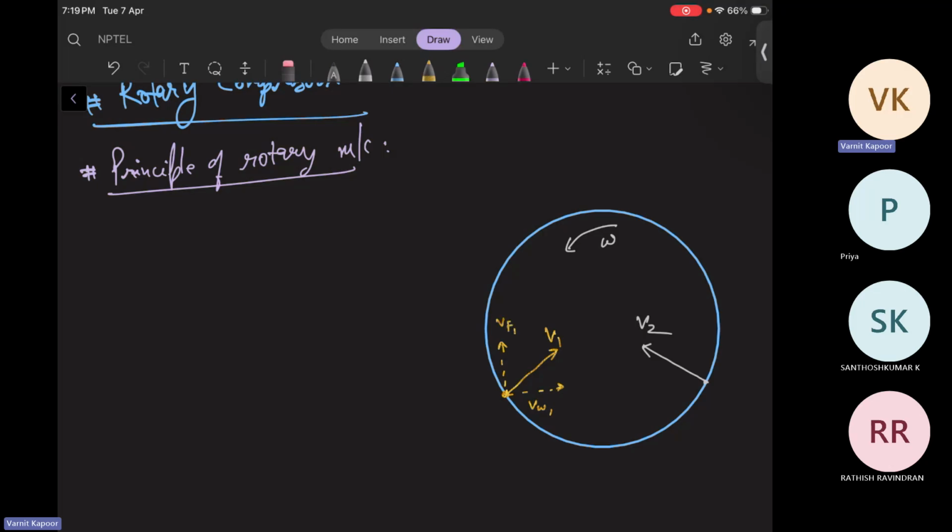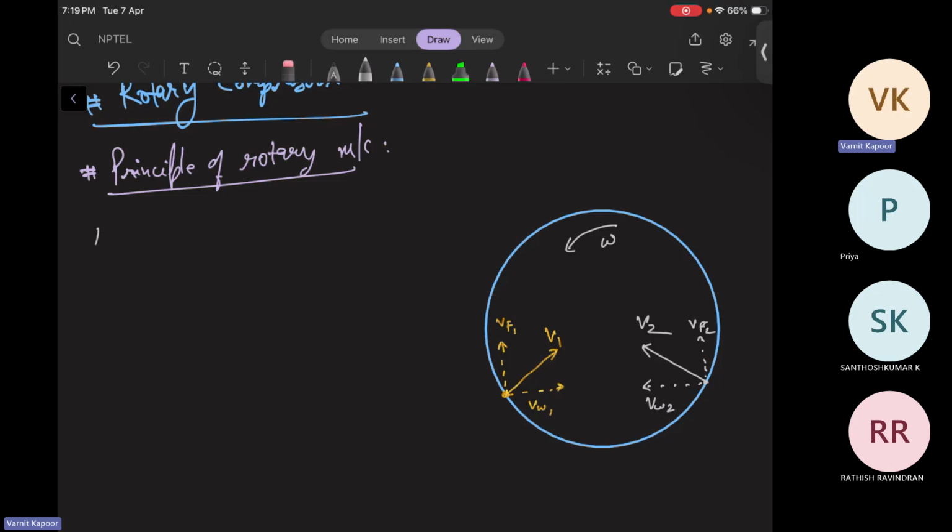Okay. Similarly here, the exit velocity also has two components, vw2 and vertical component vf2. Okay. Let me write this point first of all.